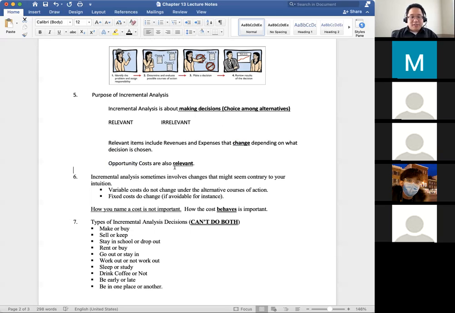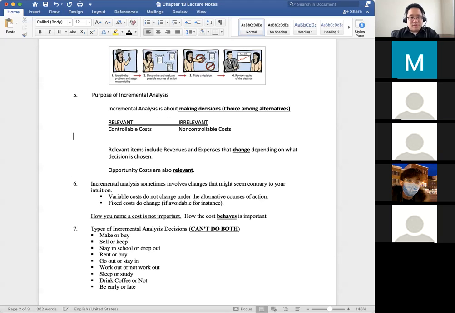An opportunity cost is also relevant. So if we make a list here, when we do incremental analysis, what are relevant costs? You can say controllable costs. Irrelevant would be something that you can't control, non-controllable costs. Relevant would be like an opportunity cost.